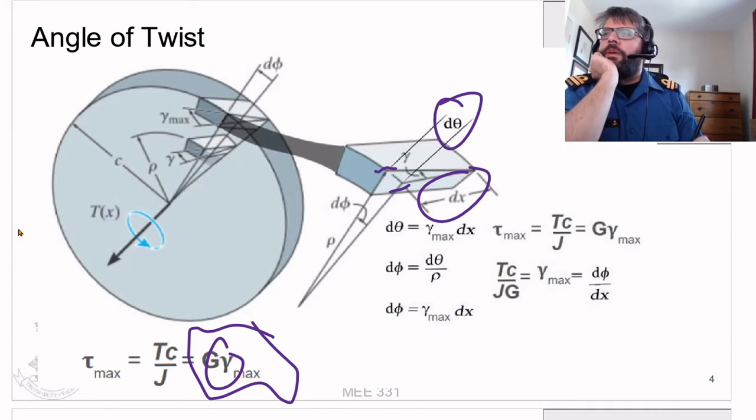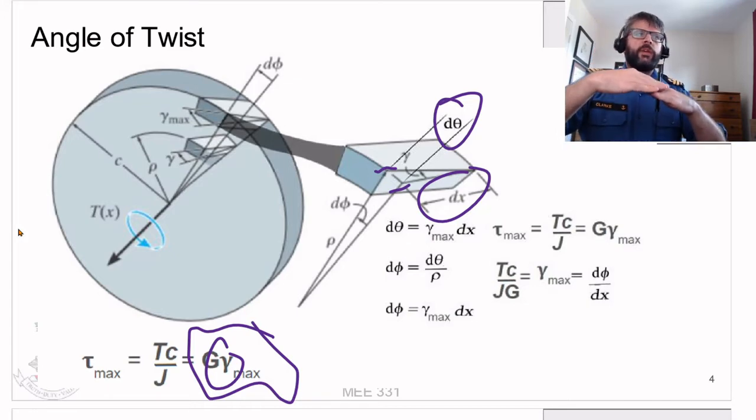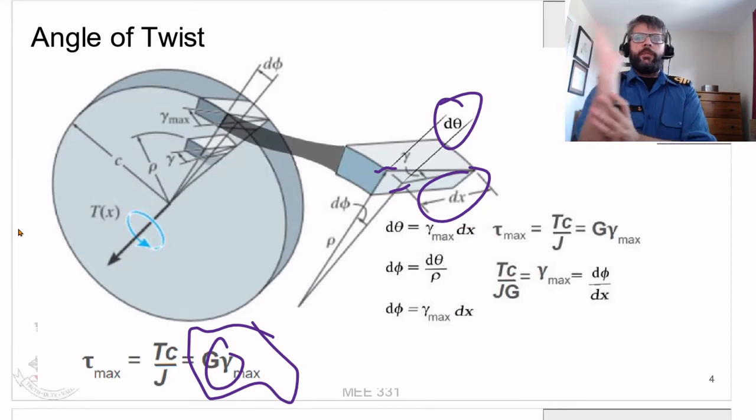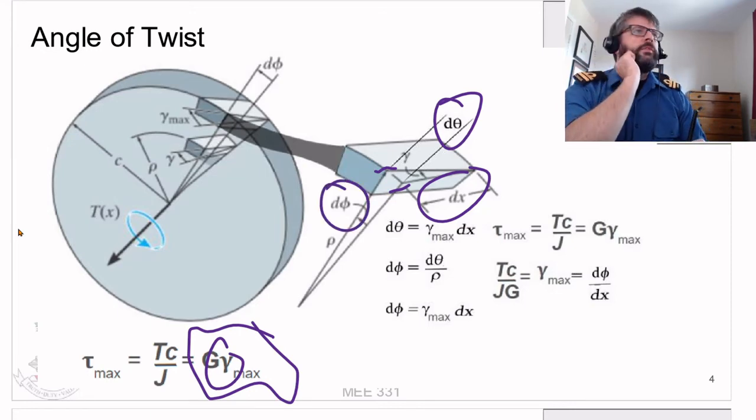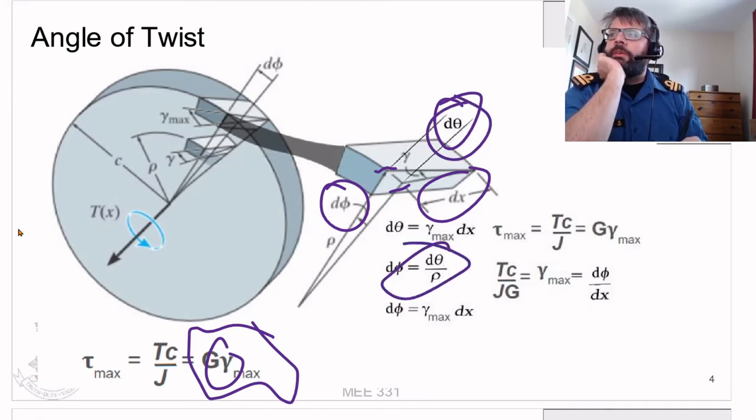And then we can also figure out, instead of looking at it from that end, we look at it from the face. Kind of solve for our phi here. We're going to call that phi based upon that. So then our delta phi is going to be equal to the shear strain max dx.